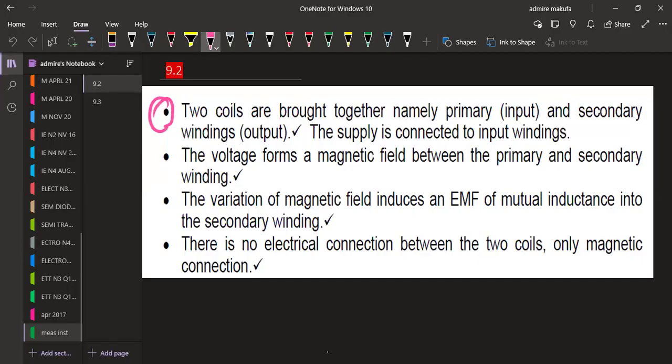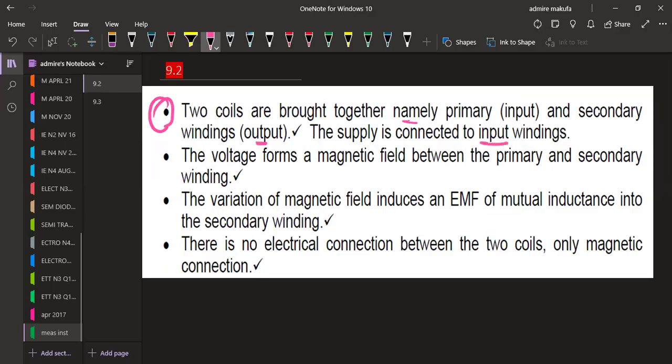Two coils are brought together, namely the primary, which is the input, and the secondary windings, which is the output. The supply is connected to the input windings.